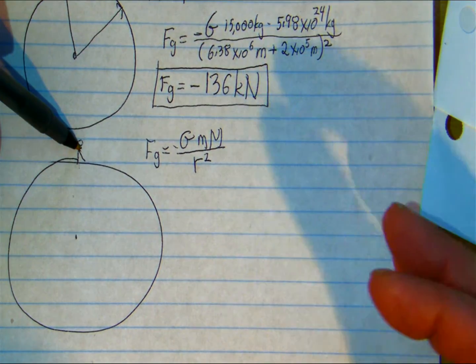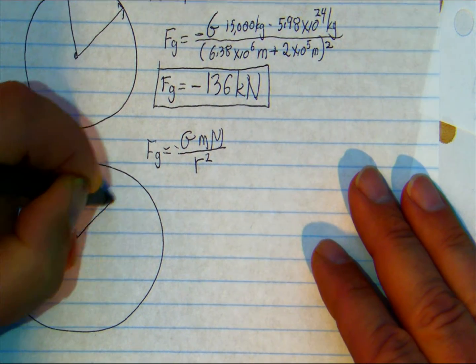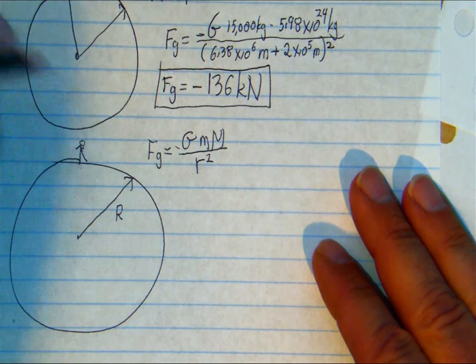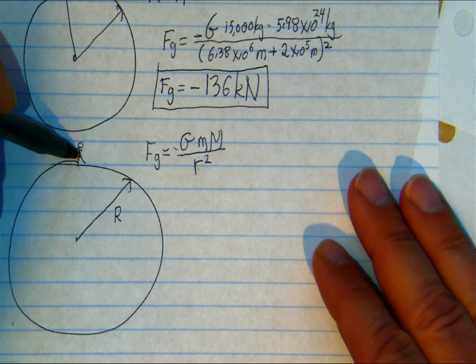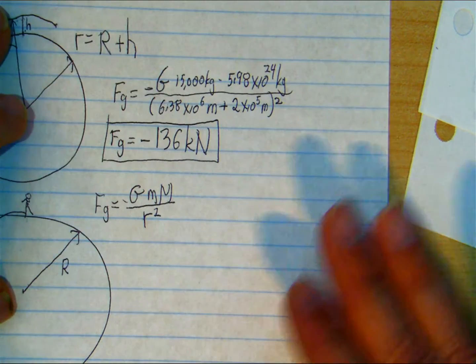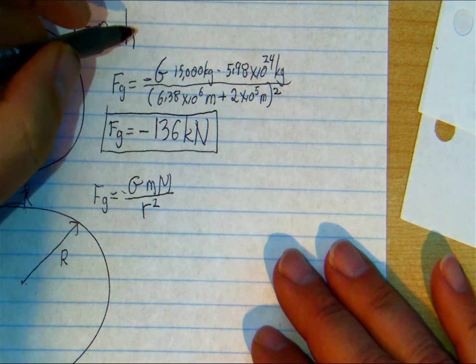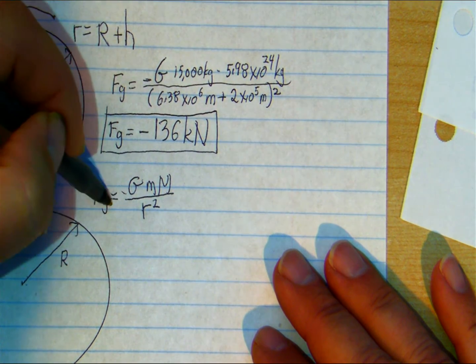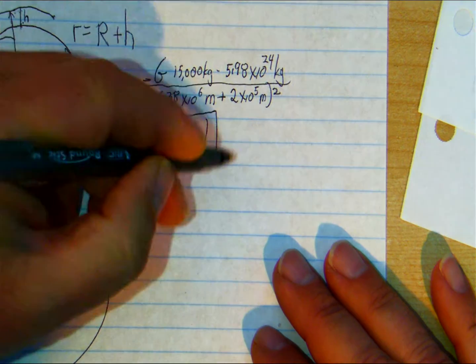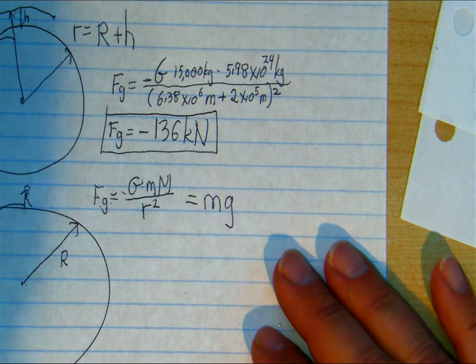So adding 1 meter to the radius of the Earth is insignificant for this problem. So the distance from the center of the Earth to the center of you, for all practical purposes, is the radius of the Earth. And this force of gravitational attraction between you and the Earth is also known as your weight.